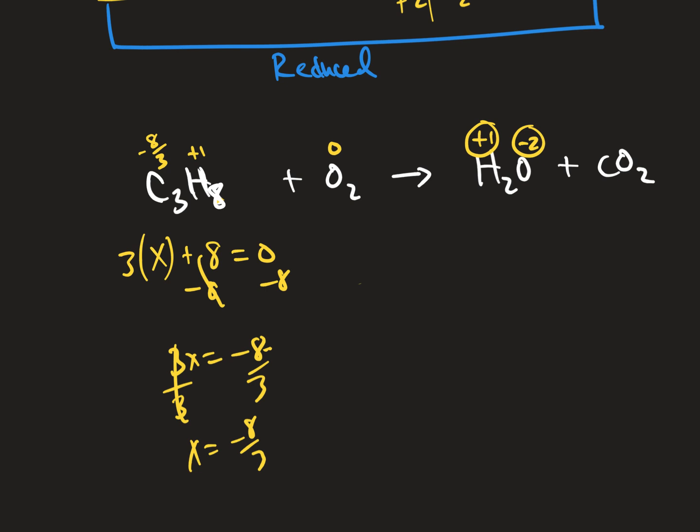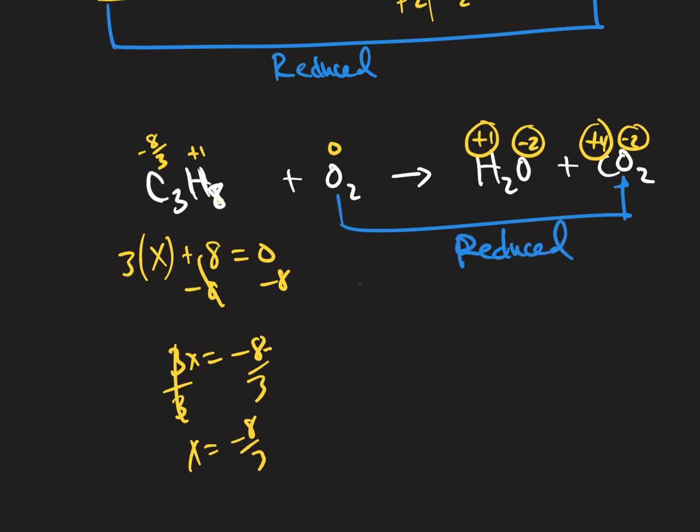Now we go to carbon dioxide. Which one do we try first, carbon or oxygen? Oxygen has an oxidation number of -2, times 2 is -4. That means carbon is +4. Which one's reduced? The oxygen. Oxygen goes from 0 to -2, so that's reduced.